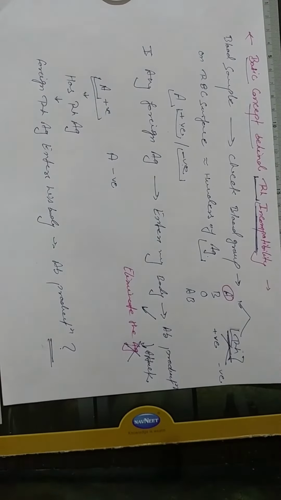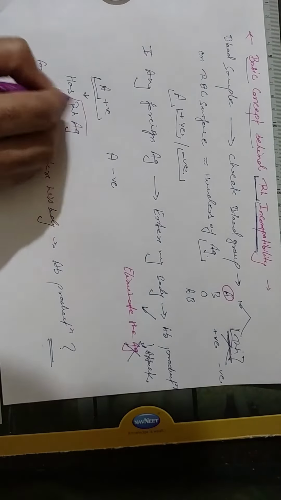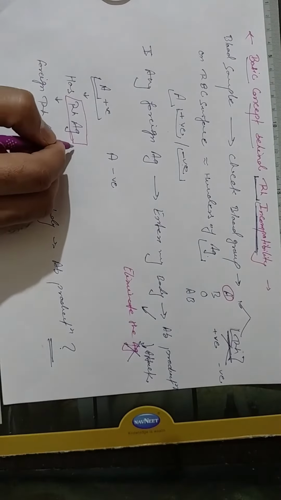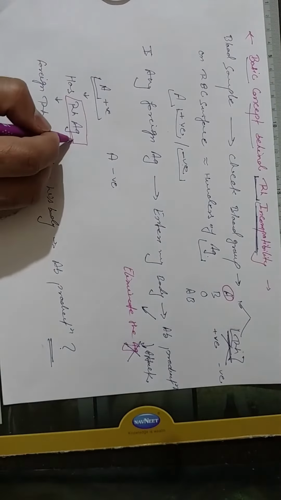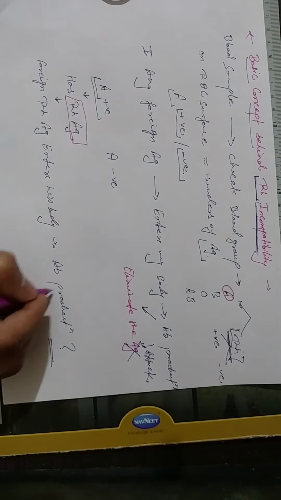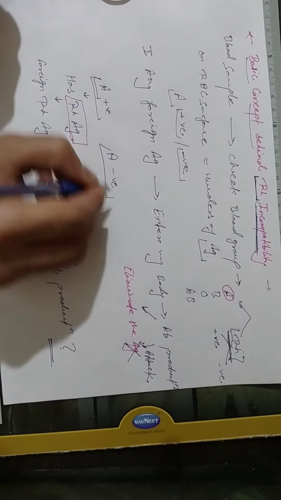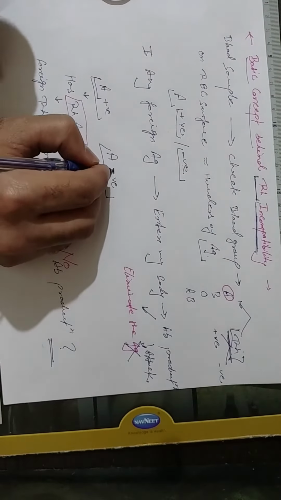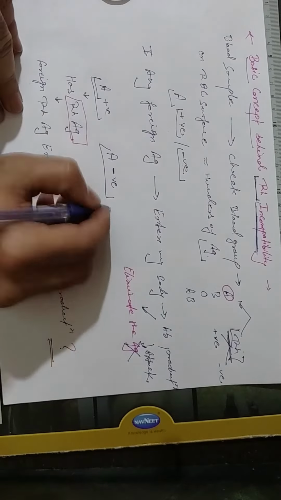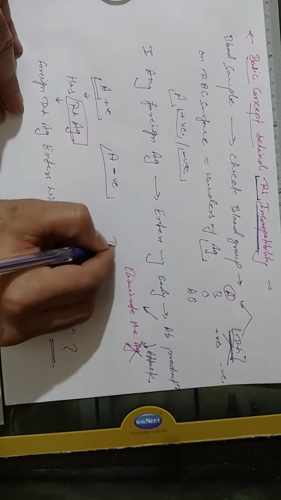No. Why? Because this person already has Rh antigen. So even if more antigen is coming from outside, there will be no antibody production.